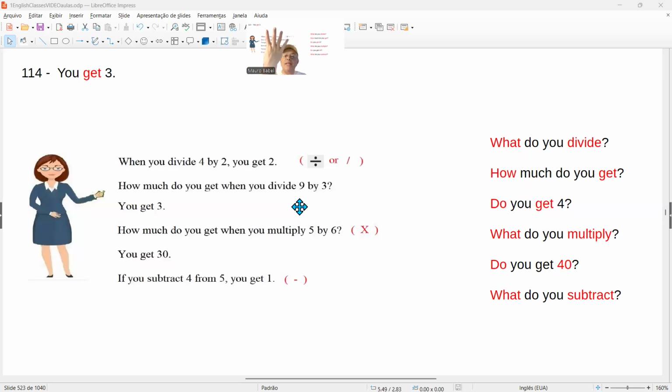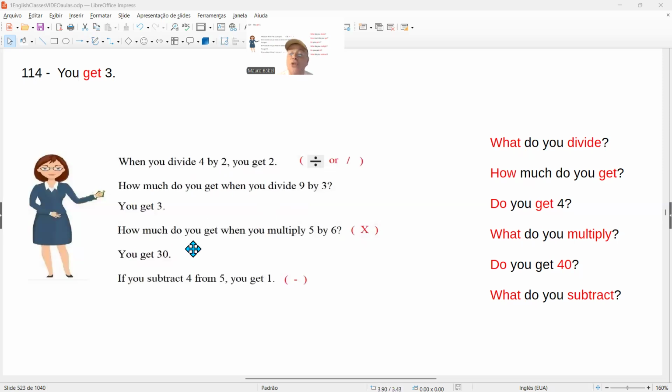When we multiply 2 by 2, how much do we get? We get 4. When we divide 4 by 2, how much do we get? We get 2. And when we multiply 2 by 2? We get 4.